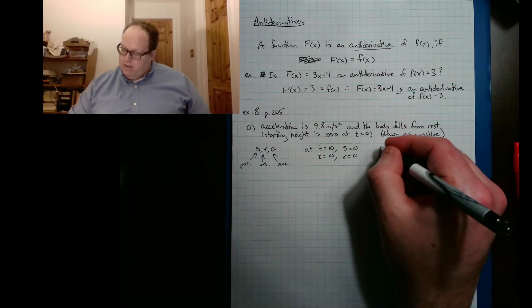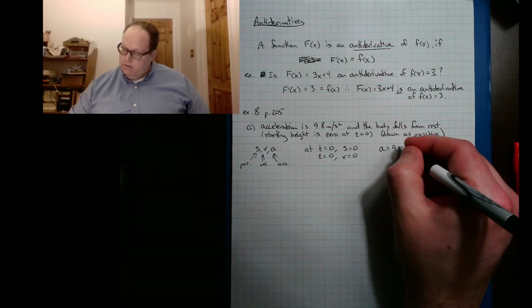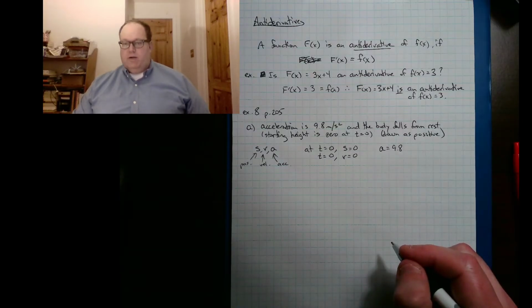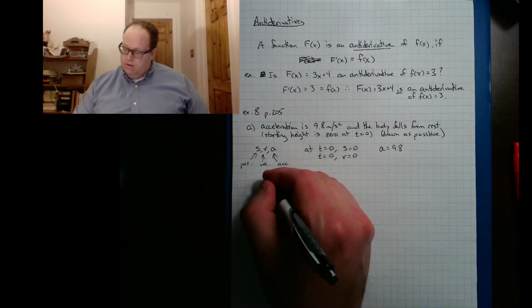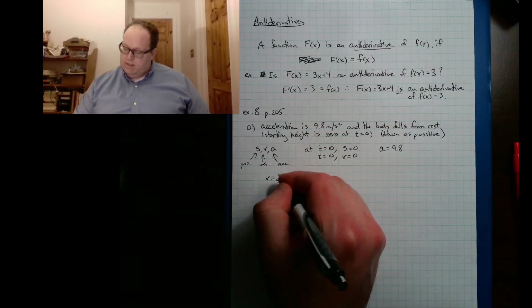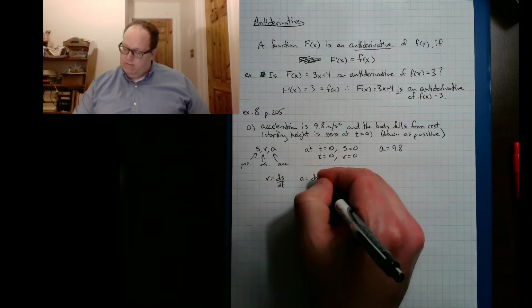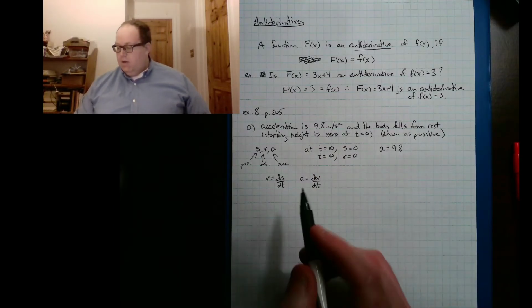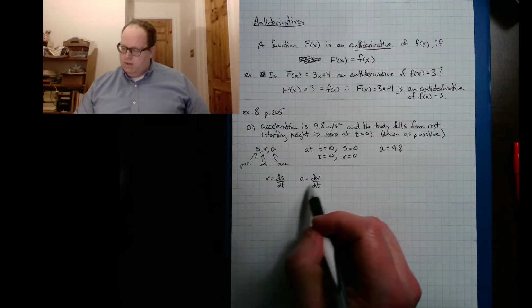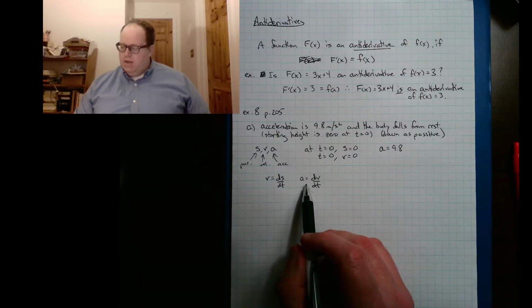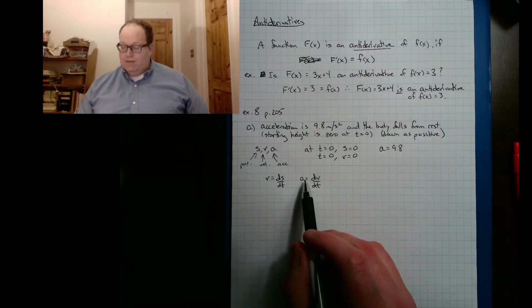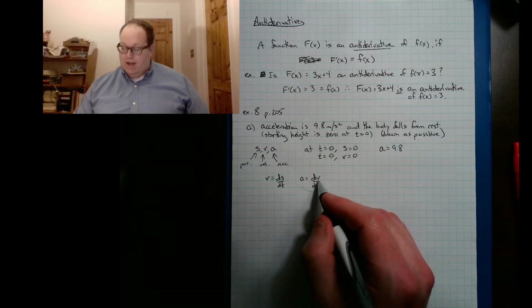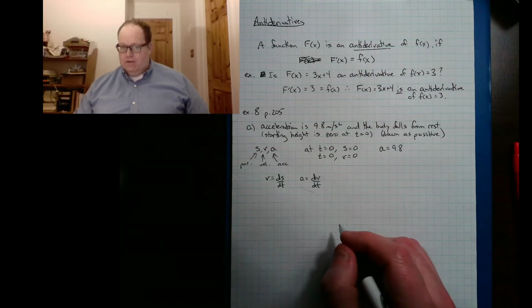And quite generally, I know my acceleration is 9.8 meters per second squared. Now, the relationship we've talked about is v equals ds/dt and a equals dv/dt. So, I'll start here. If acceleration is the derivative of velocity with respect to time, then that would mean that velocity is the antiderivative of acceleration.